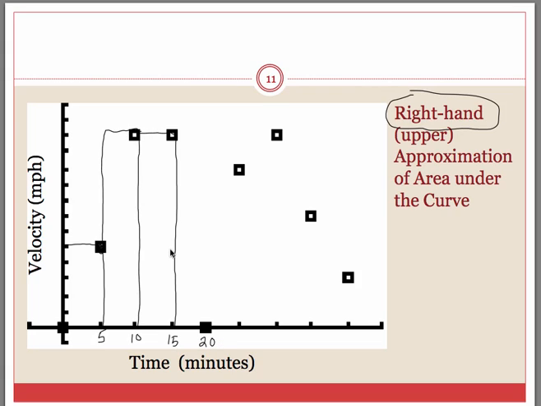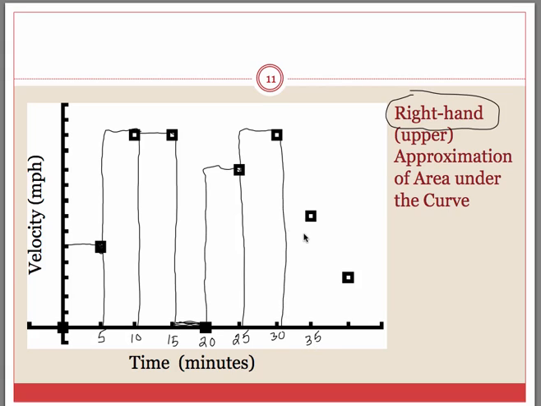Now the rectangle that goes 15 to 20, now you're back to having one that has a height of 0 again. 20 to 25, it's going to align with this point up here. 25 to 30, 30 to 35, and then finally 35 to 40.